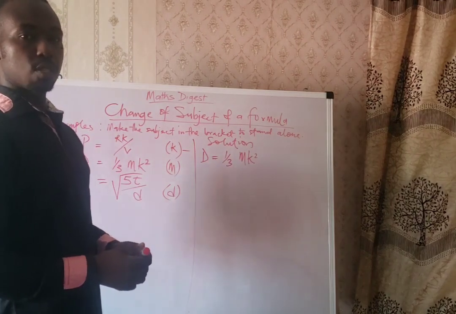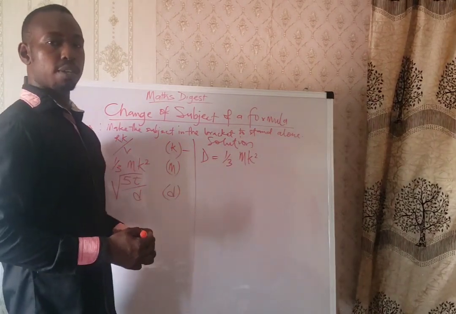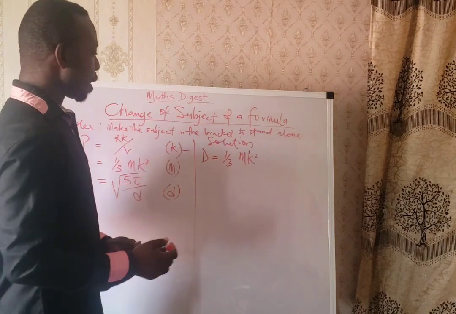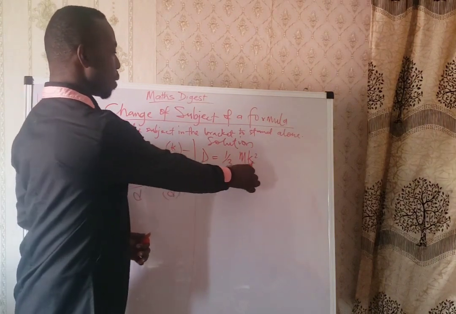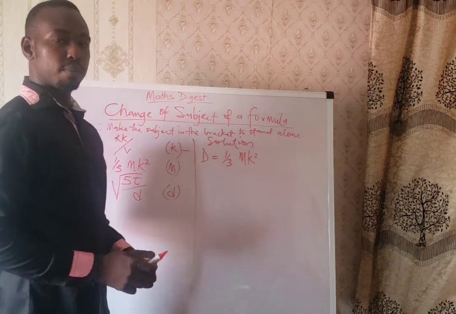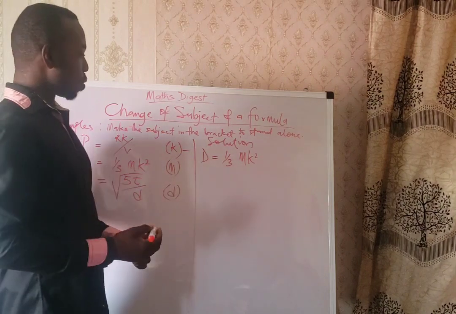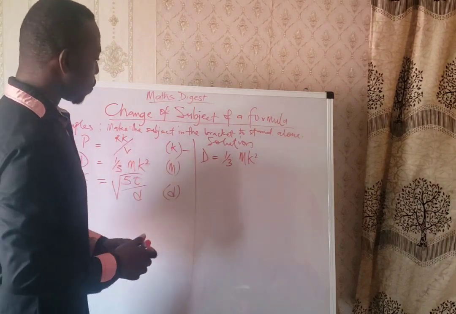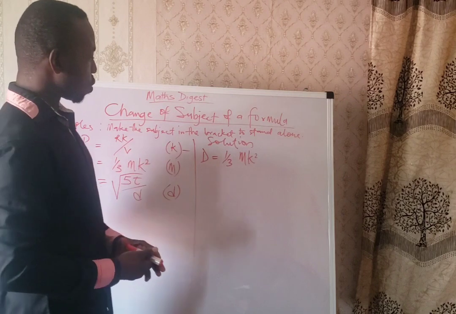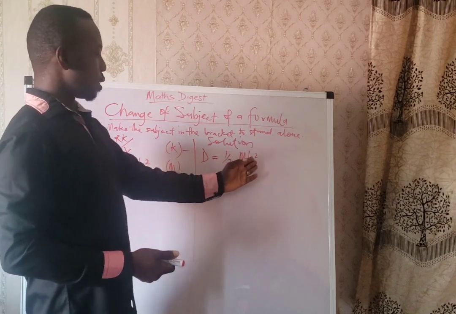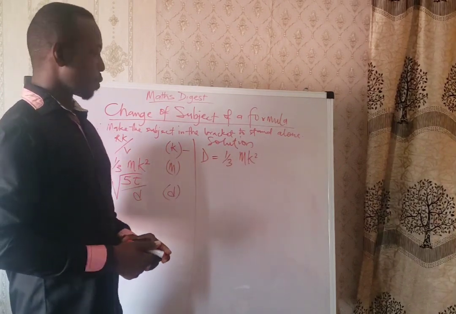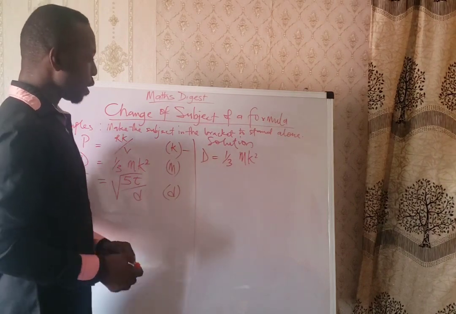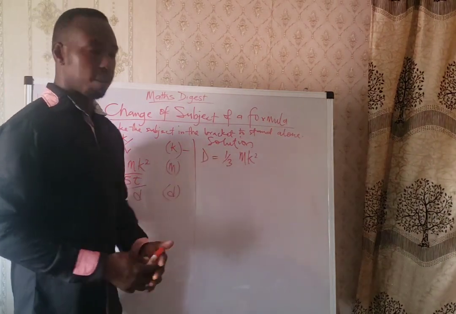Now I'll make it the subject of formula. Looking at it, we have 1 over 3 and we have k squared with it. So what we'll do now is find a way to eliminate all that stands with m.